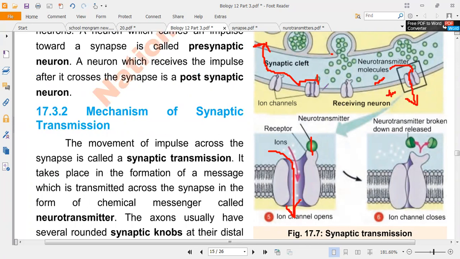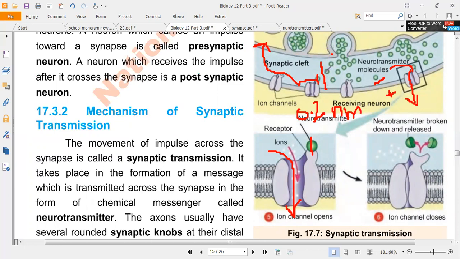This gap junction, or synaptic cleft, is almost 0.2 nm, that is nanometer.